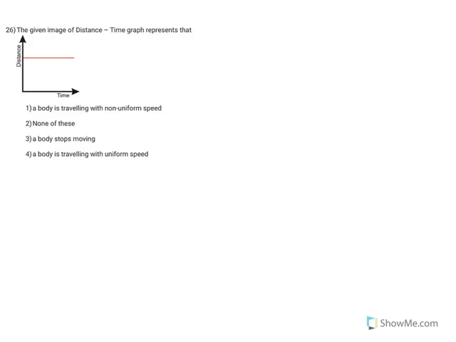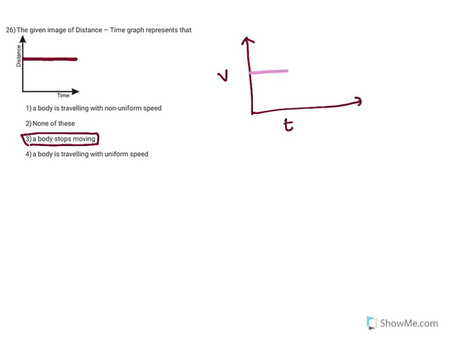The given image of distance time graph represents, now this is distance time graph, and here it is a constant. So distance is constant, which means the body is not moving at all. So the body stops moving. If it was velocity time graph and that was a straight line, now this is not a body at rest.